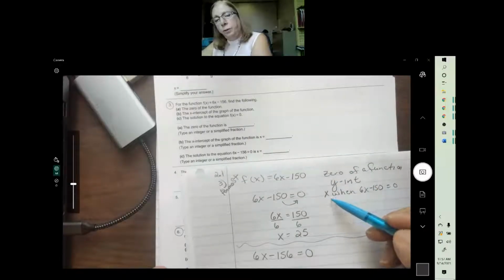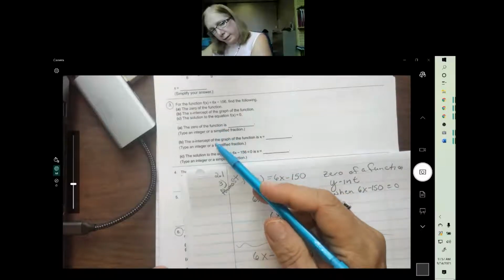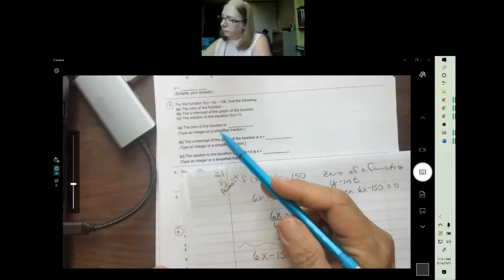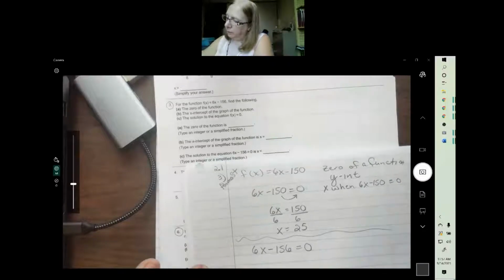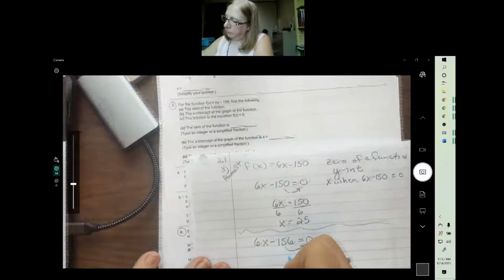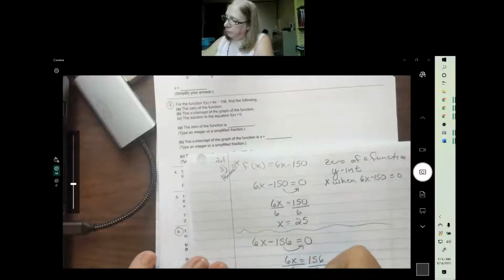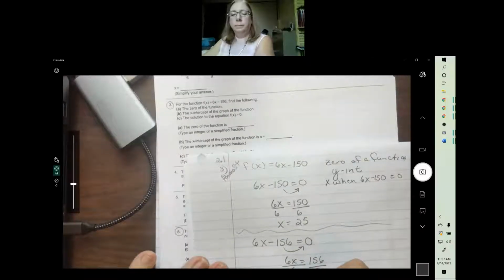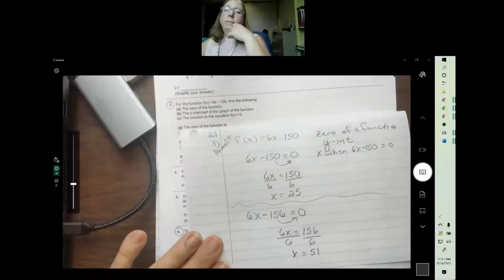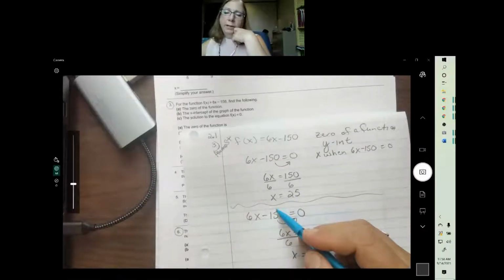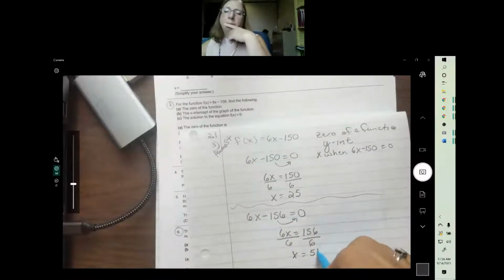This problem is just to make sure you know the wording, so whichever I ask you, you're able to find. Add the 156, divide by 6, x equals 51. So for this one, the 0 or y-intercept would be 51.